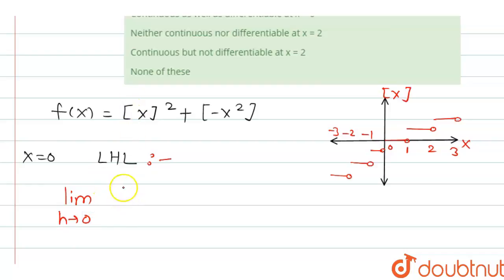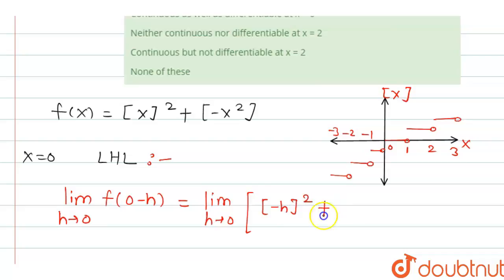This can be written as f of 0 minus h, which is the limit as h tends to 0 of the greatest integer function of 0 minus h square plus minus of h square. Here 0 minus h can be written as minus h, so minus h square equals h square.